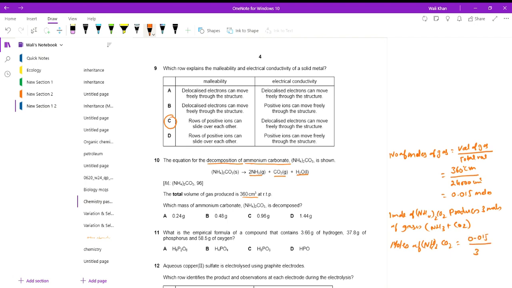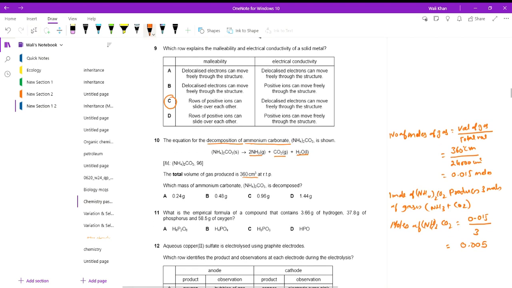Moles of ammonium carbonate is equal to moles of gas divided by 3, the moles of gas produced per mole. So the answer is 0.005. So 0.005 moles of ammonium carbonate are used.